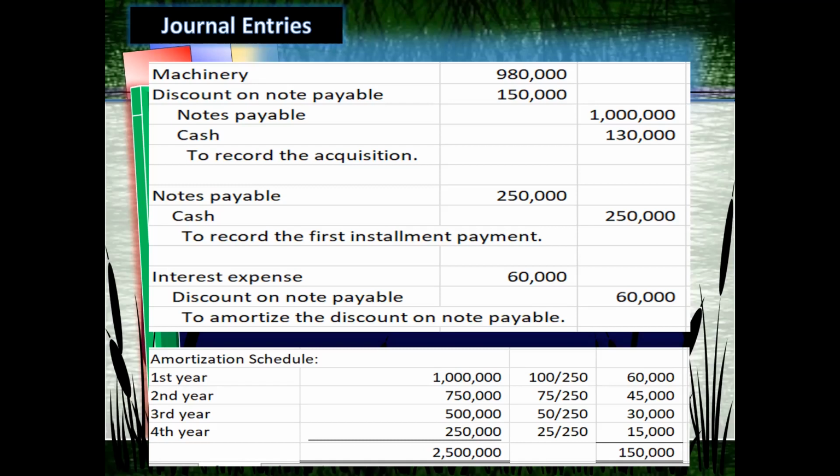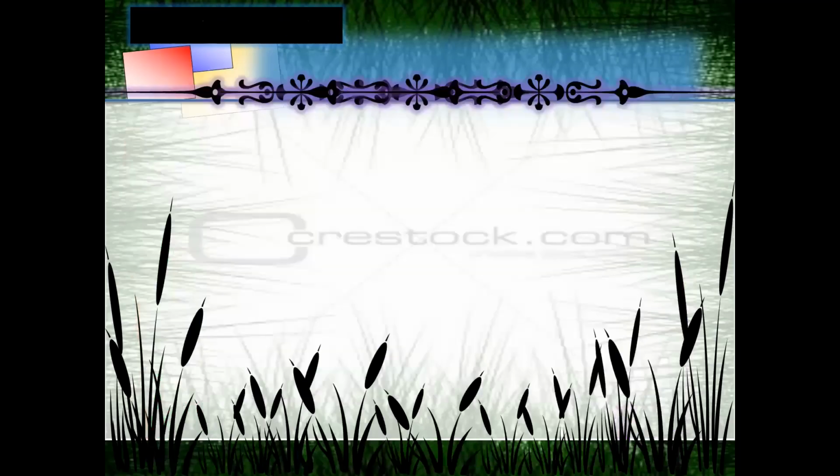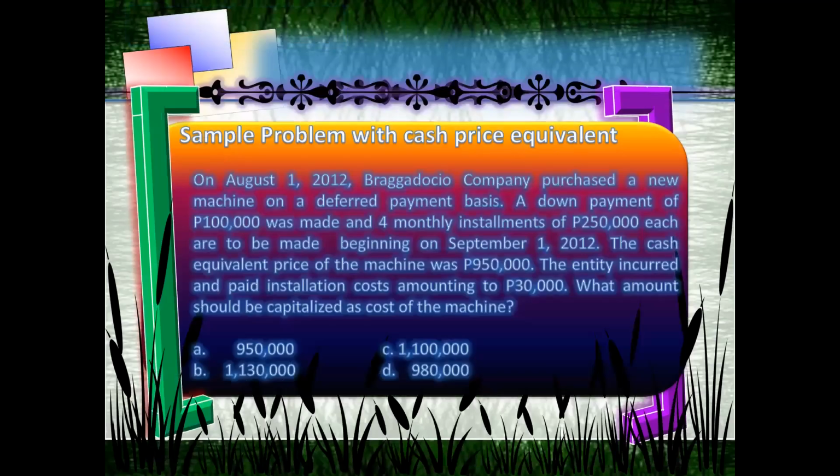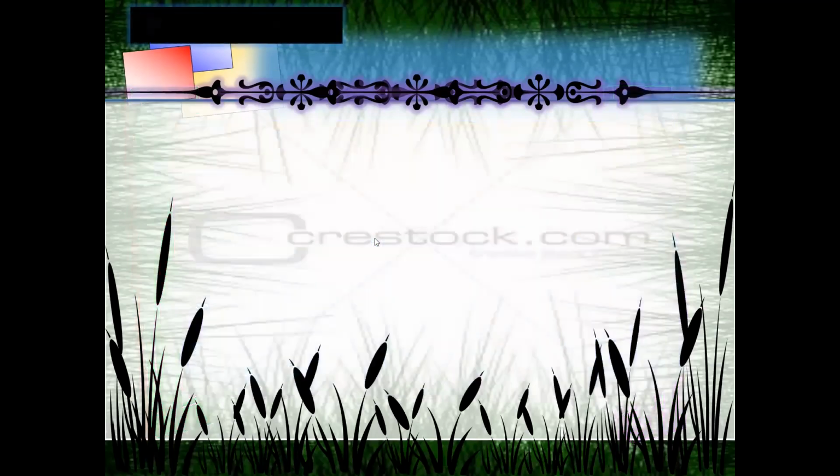So, saan ba galing yung 1 million na notes payable na yan? Di ba ang sabi sa problem, apat daw na monthly installment of 250,000 each. So, 250,000 times 4, so that is 1 million.